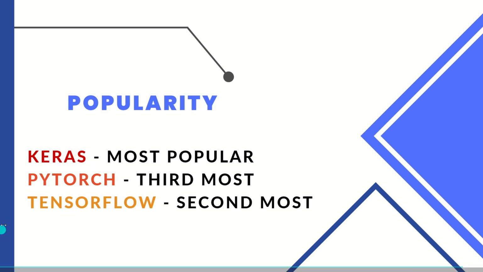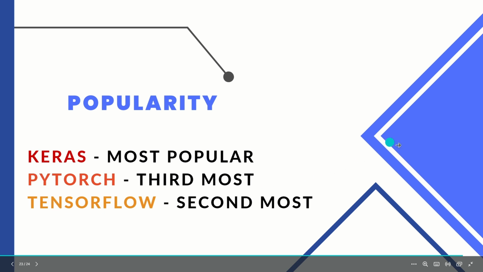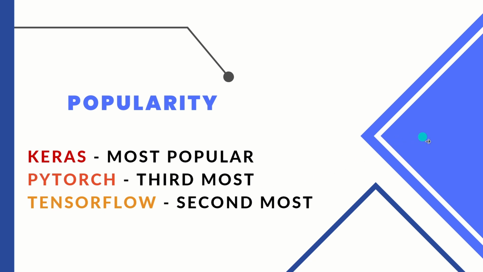So again, all of these are very good. All of these have different pros and of course different cons. So based on what advantage is more beneficial to you, you can decide what to use. But like I said, Keras is the most popular one, followed by TensorFlow and then PyTorch.